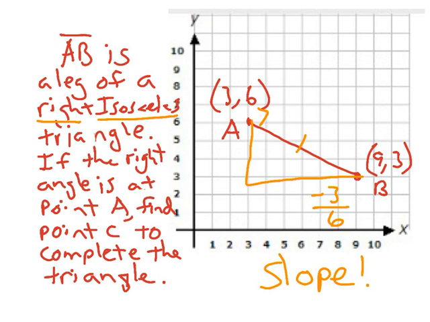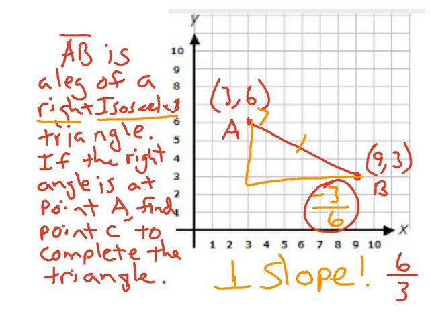Now, the slope of a perpendicular line, that's what that symbol is there, would be the negative reciprocal. So you take this slope right here, you flip it, and you change the sign. So the slope of the perpendicular would be 6 over 3.